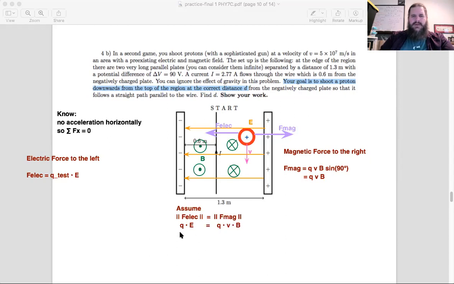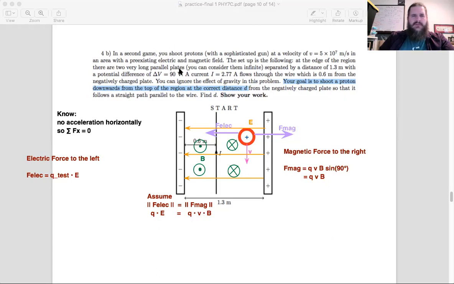If we want Q times E to equal Q times V times B, what can we do with that? Yeah, we could solve for E by dividing both sides by Q. In fact, if we divide both sides by Q, what's going to happen?